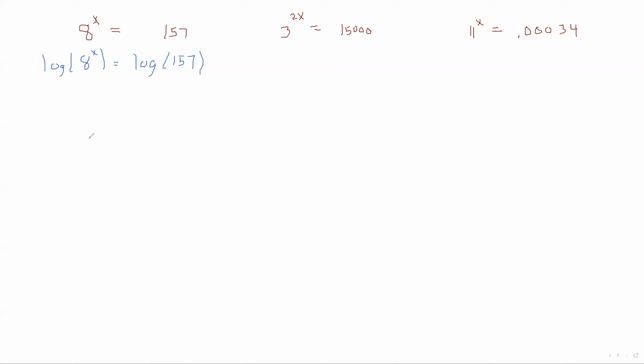So what should the base on our logarithm be? Also 8. Over here, same deal. We're going to do log base 3 of 3 to the 2x is equal to log base 3 of 15,000. Yes, I didn't solve the first question completely yet. We're going to do each of these together in the same step. 11 to the x, log base 11 of 11 to the x.